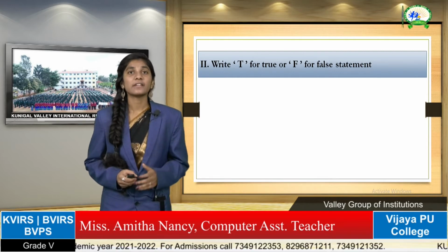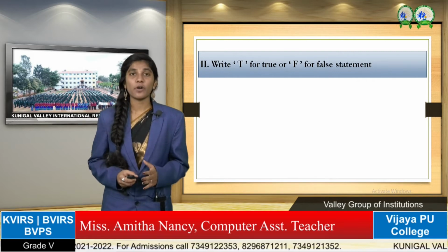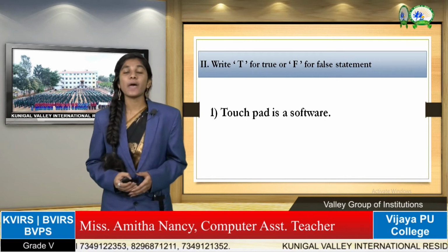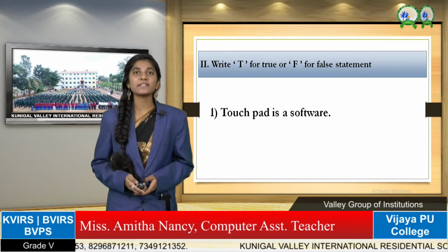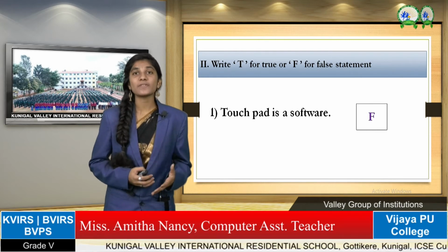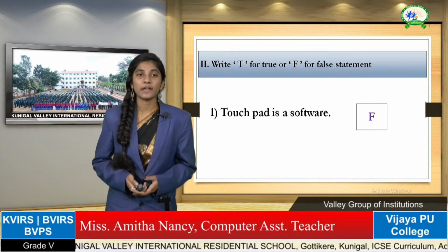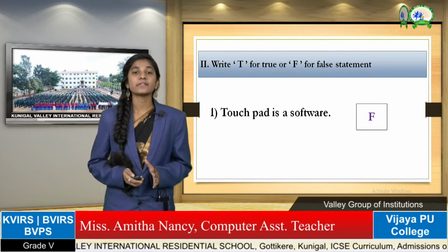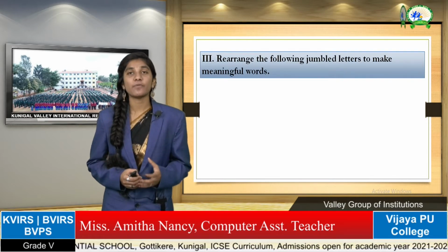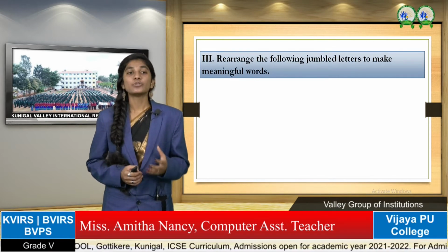If it is right, write T. If it is false, write F. Here we have a question: touchpad is a software. No, right? Touchpad is not software, touchpad is hardware. So it is a wrong sentence, so it is false.